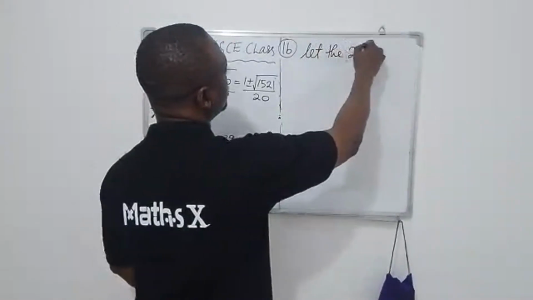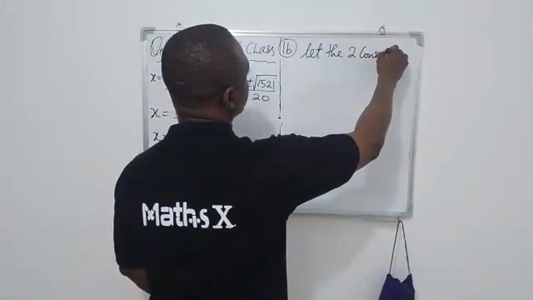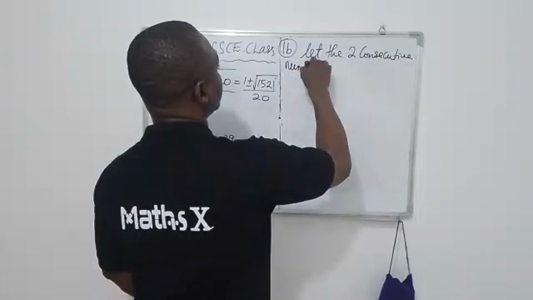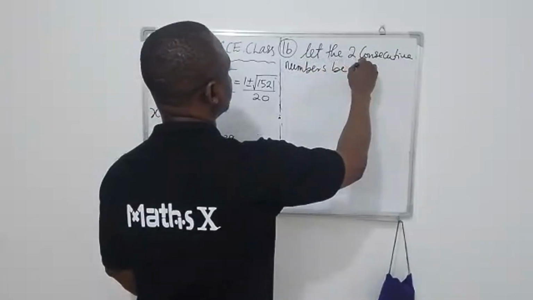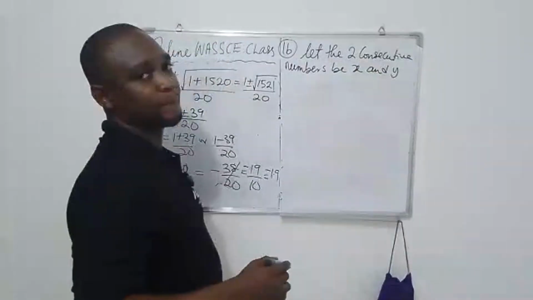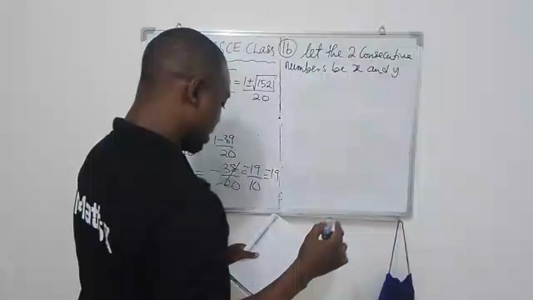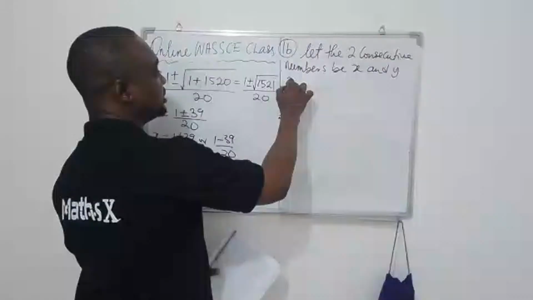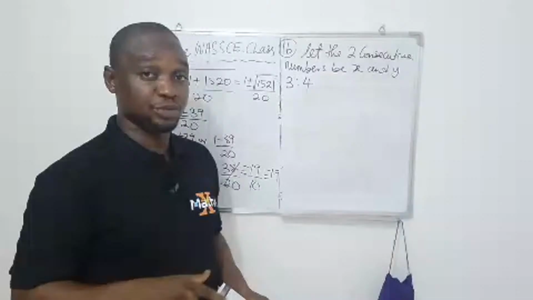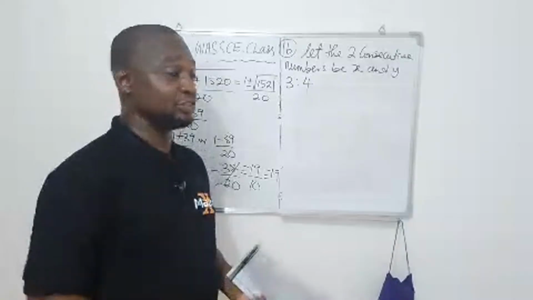Now, let the two consecutive numbers be x and y. And you are told that their ratio is 3:4. I trust you know that fractions and ratios are equivalent.